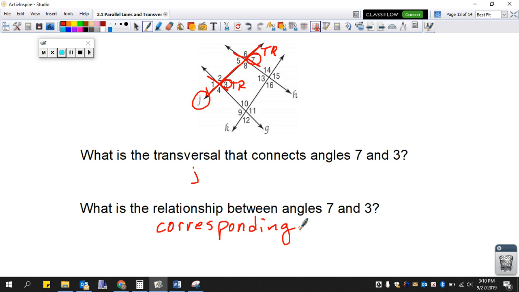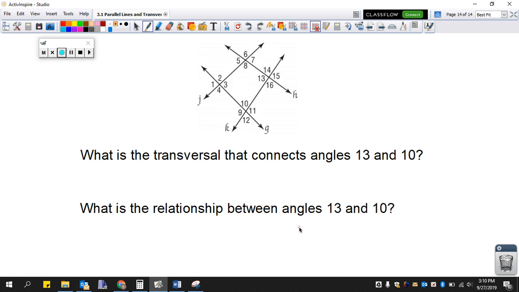And the last example that we're going to look at is what's the transversal that connects angles 13 and 10. Angle 13 is right here. Angle 10 is right here. So we're talking about this line and this line with the transversal that cuts across right there. So the transversal is K. And the relationship is that they're both interior, so you know they're going to be something with interior.